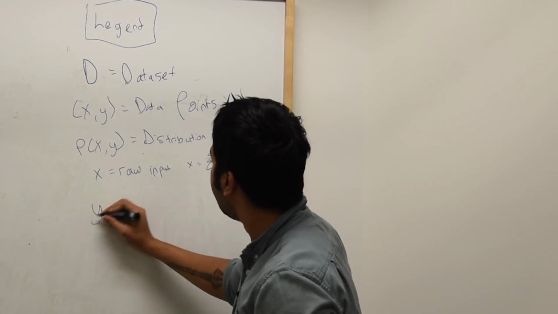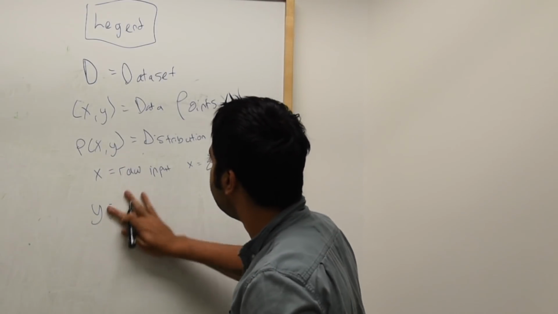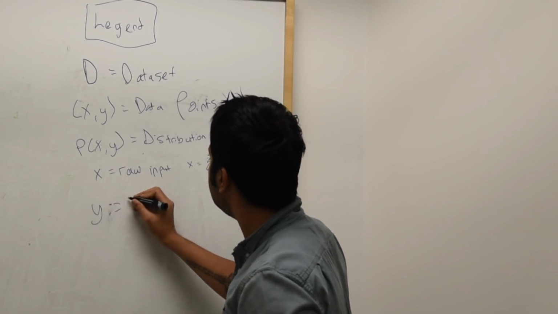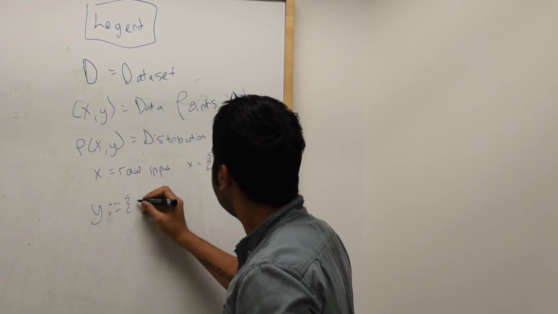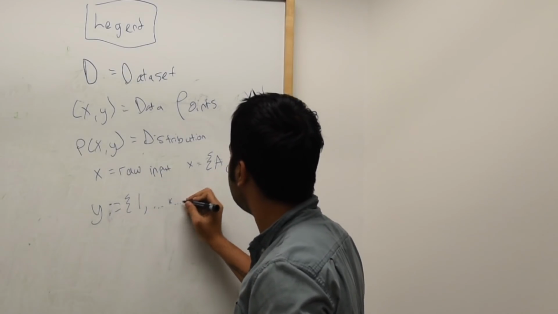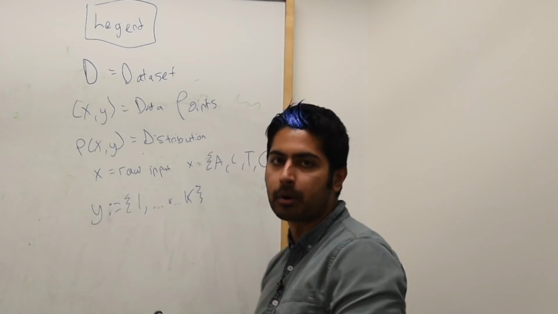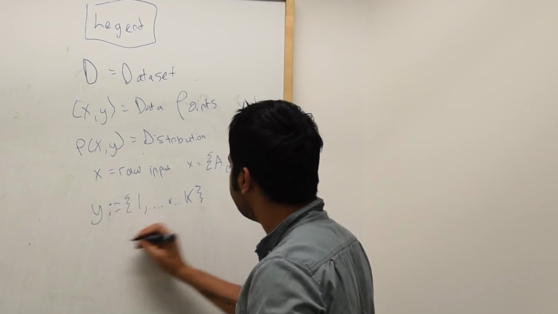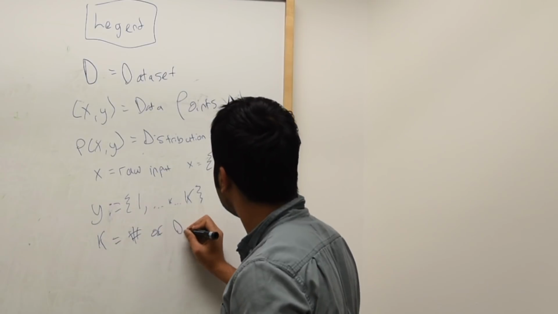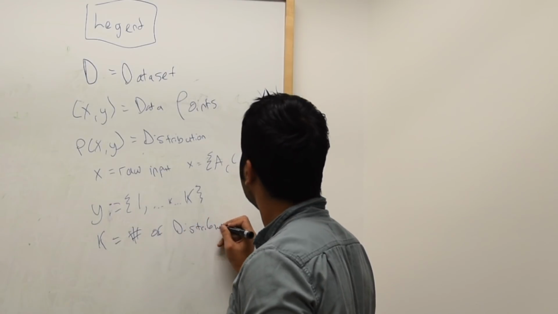And then we have Y, and Y is going to be the number of distribution classes in general up to K. So K is the number of distribution classes we have. So let's just write that as well: K equals number of distribution classes.